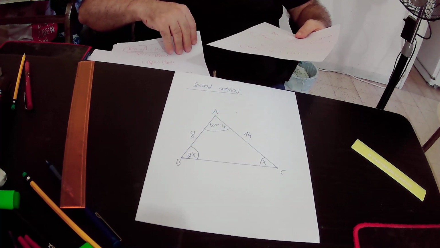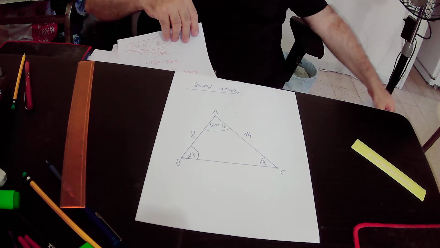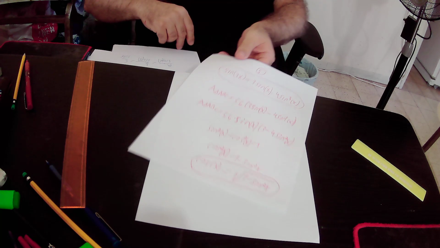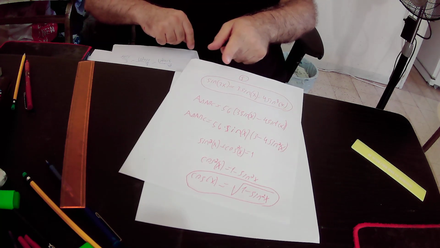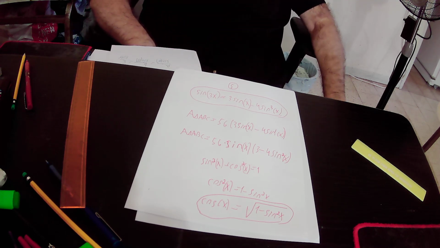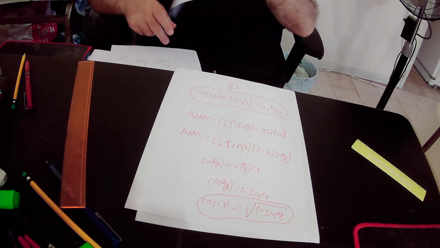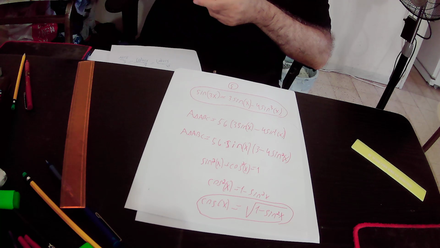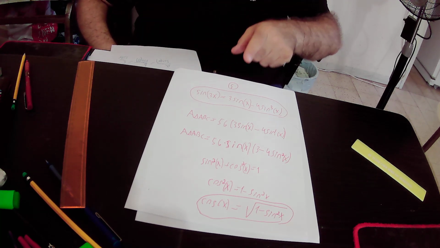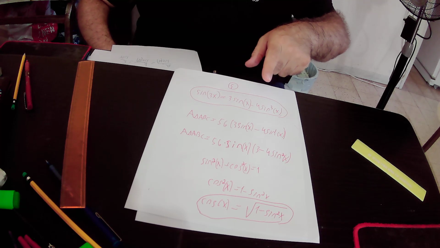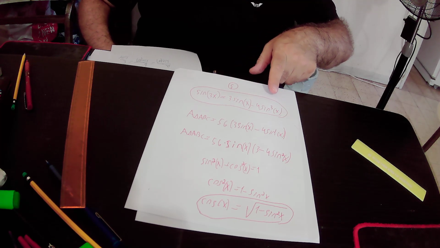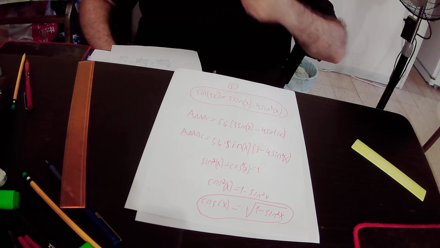And we have the following trigonometric identity that states that the value of sine 3x is 3 sine x minus 4 times sine x to the third.